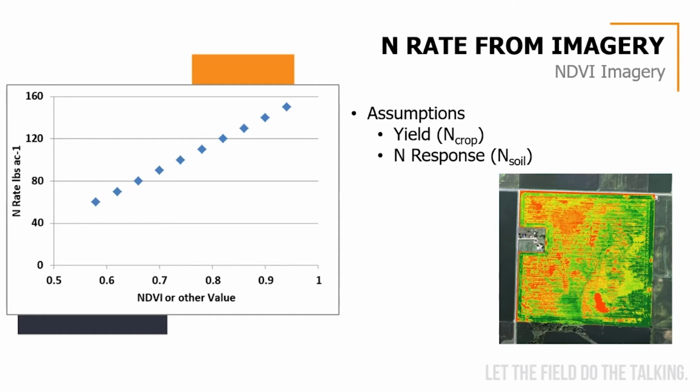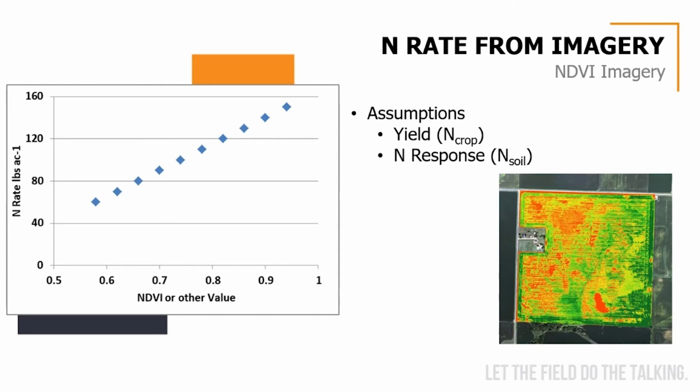Not quite for sure. And so there are management zones that are often being created using imagery, where we're taking zones created from these green areas, these yellow areas, or maybe these red areas, to apply a low, medium, and high rate based on a yield goal. And there are a couple of different models on how these N rates are being assigned.